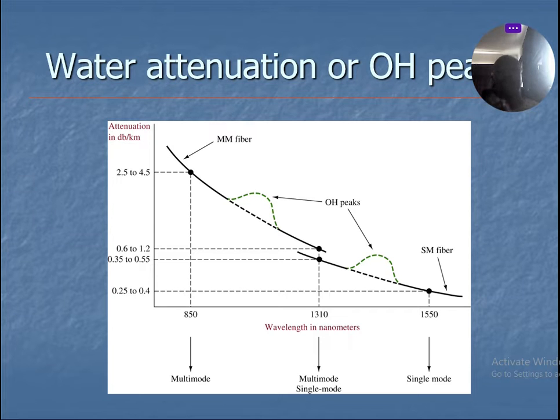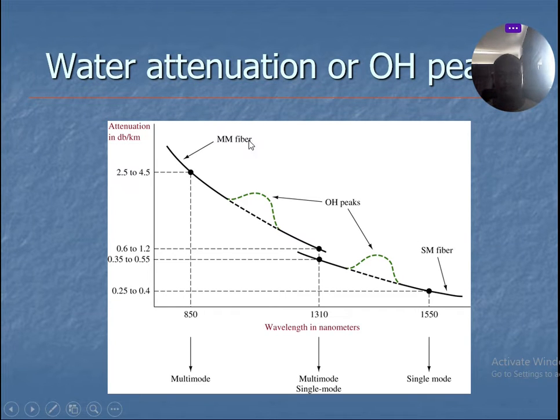Are you with me? So this is what is happening in both cases, whether for this multi-mode or for this single mode case. Generally, attenuation decreases as the wavelength increases. But here is a single mode fiber. You see this SM, single mode fiber.